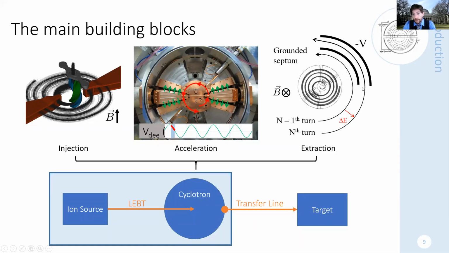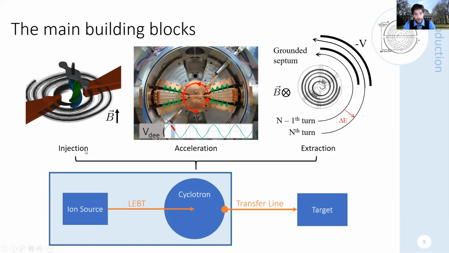But when the particles in the nth turn then enter this extraction channel, where we have a very thin septum that is grounded and a puller, I like to call it, electrode that is at negative high voltage, the particles feel a little electrostatic force pulling them radially outwards. And so instead of going around in another circle, the particles will move outwards more and more and will reach a region of lower magnetic field where they will then at some point be able to be guided out.